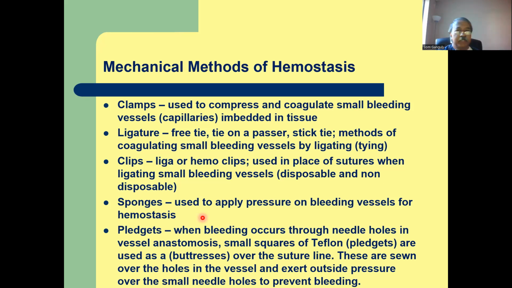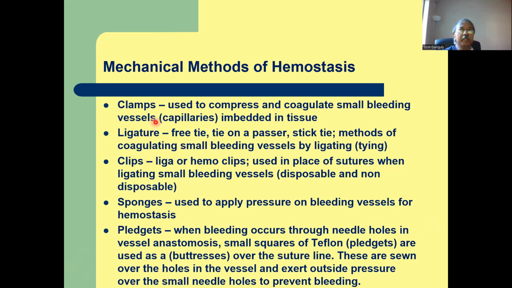So we place pledgets along these needle holes, and they're sutured on top of that needle hole to put outside pressure, and the small needle hole eventually stops bleeding.